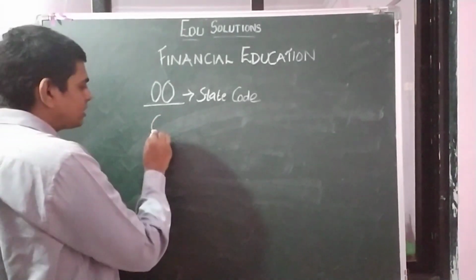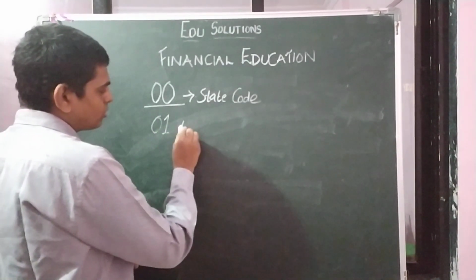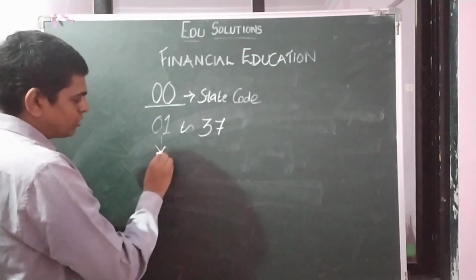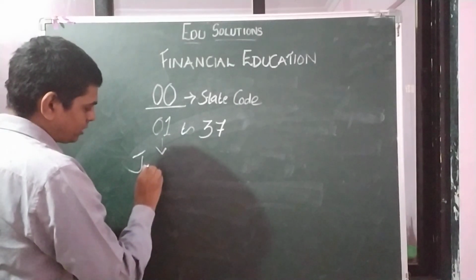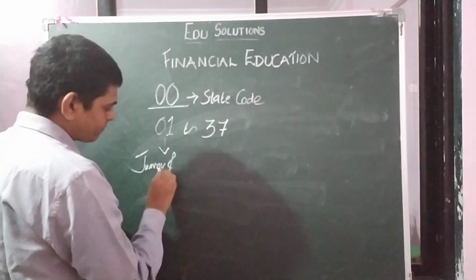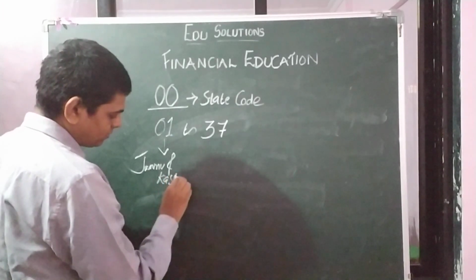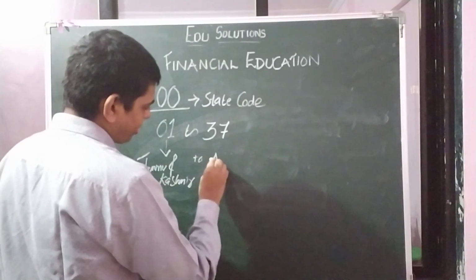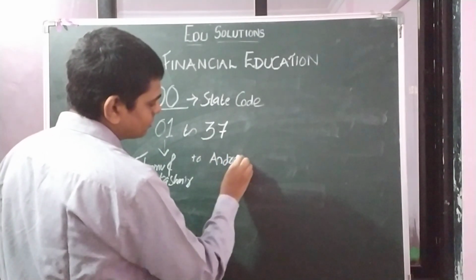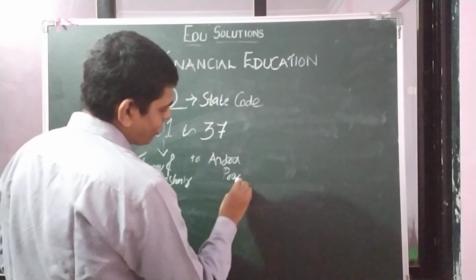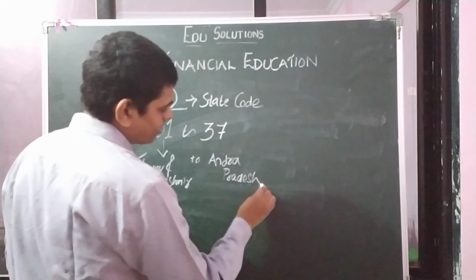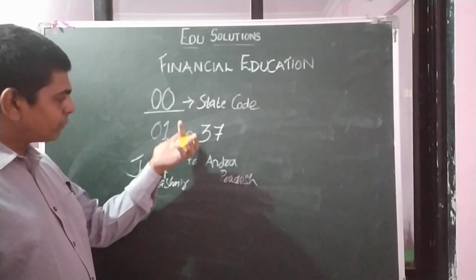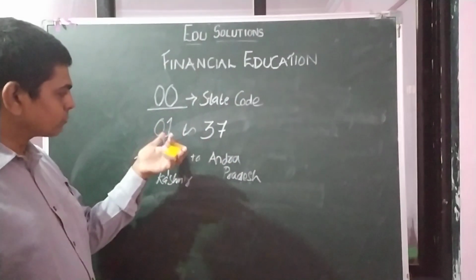The state code varies from 01 to 37, where 01 denotes Jammu and Kashmir, and 37 denotes Andhra Pradesh. In the description box, I will mention all the state codes from 01 to 37.